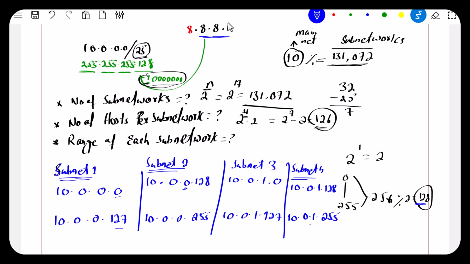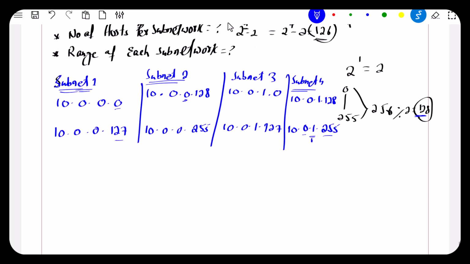Next time this 1 will become 2. Okay, and so on until this will become 255, then this 0 will become 1. Okay, until 255, then that 1 will become 2, and so on, like this.